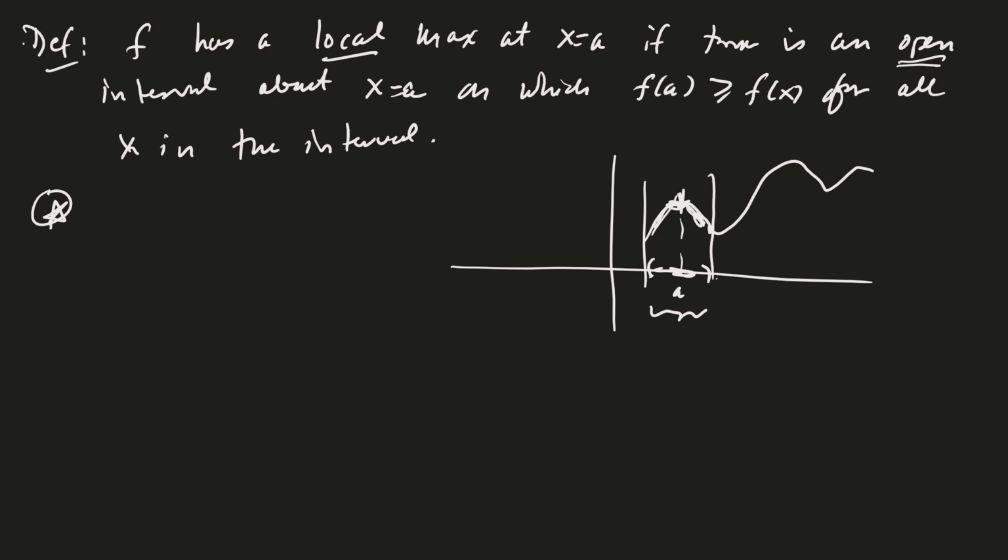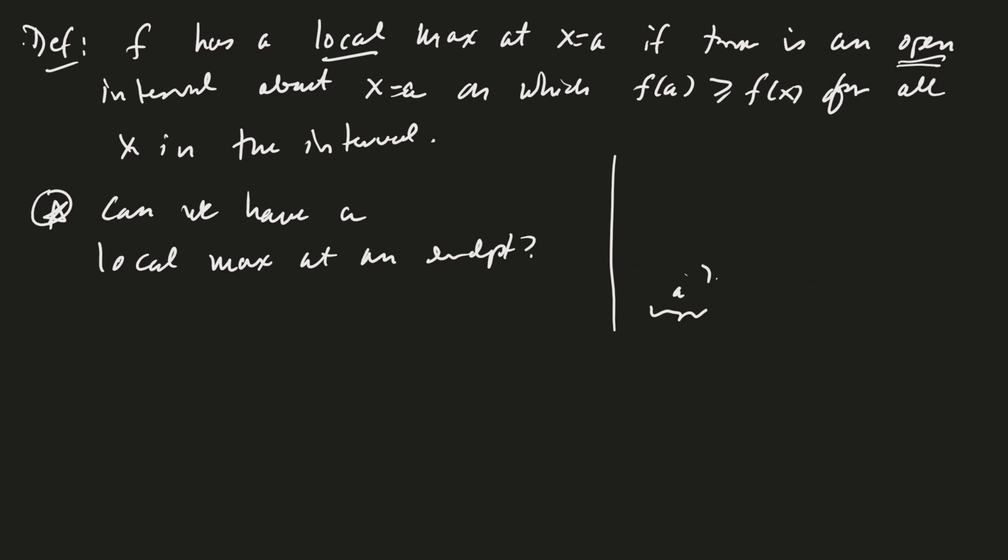Now I should also say, maybe I should ask this as a question. Can we have a local max at an endpoint? In other words, let me remove all this stuff here. How about a function that looks like this?